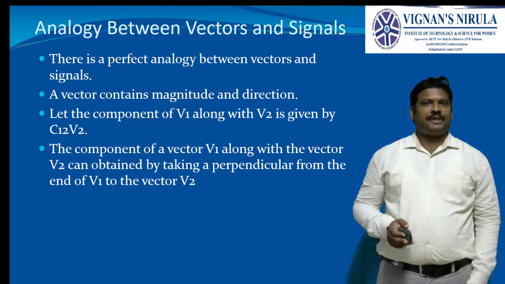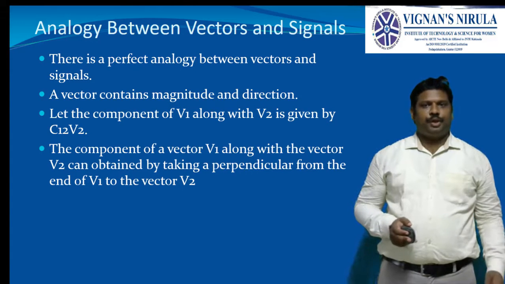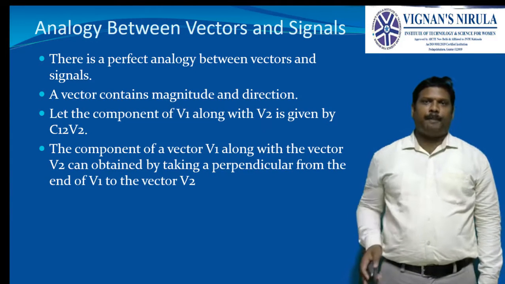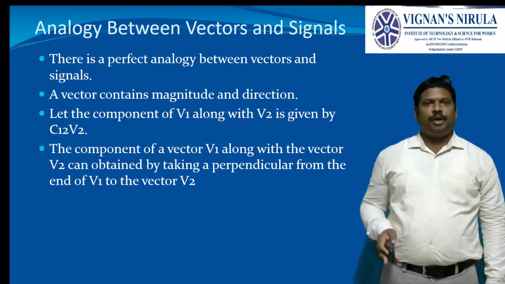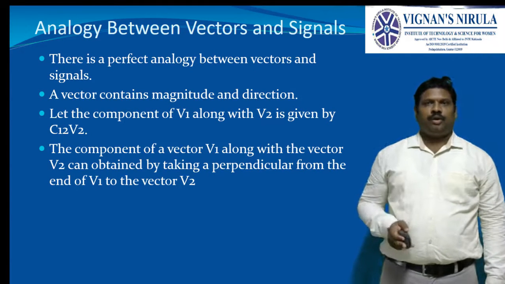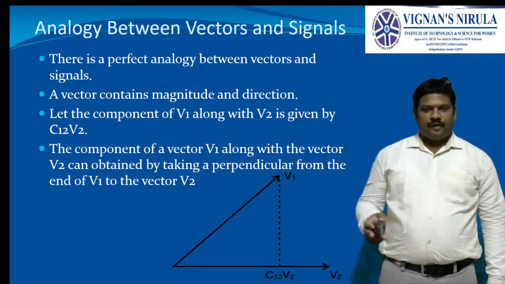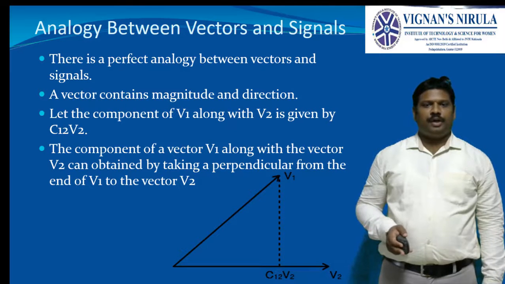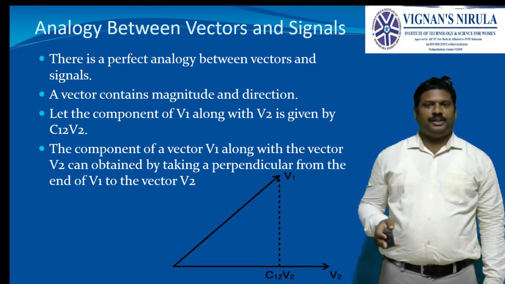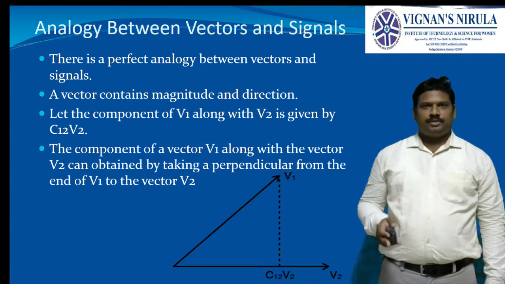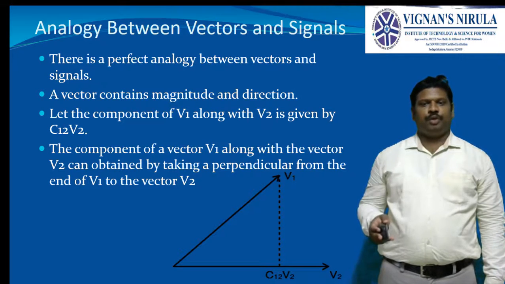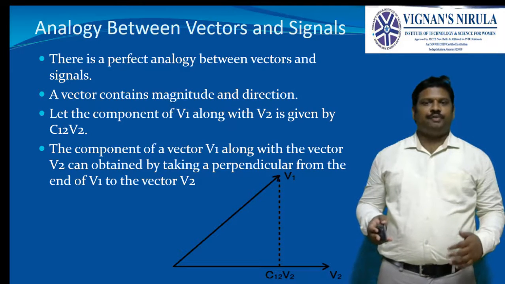The component of a vector V1 along the vector V2 can be obtained by drawing a perpendicular from the end of the V1 to the vector V2. From the end of the V1, we are drawing a line. That line is the perpendicular line. Therefore, we will have C12 into V2 along the V2.